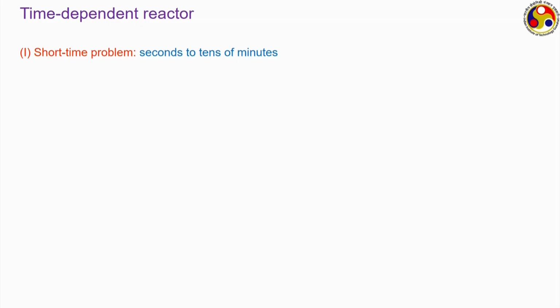Whenever we are dealing with a critical reactor, we can treat that as a steady state situation, because the neutron flux and hence the power output remain constant with time, and so we can neglect the time derivative of any component. But whenever you are dealing with a subcritical or supercritical reactor, definitely the neutron flux, the rate of fission reaction and also the rate of power generation keep on changing with time, and so we have to consider this as a time dependent problem.